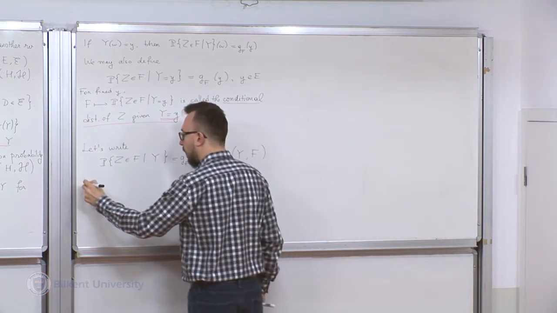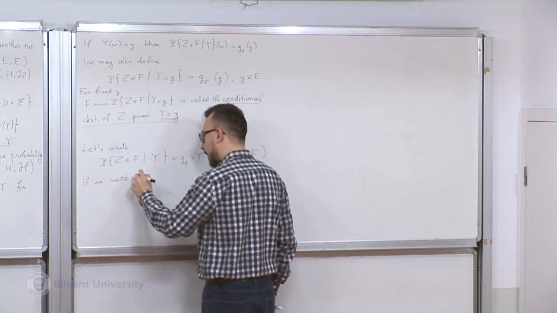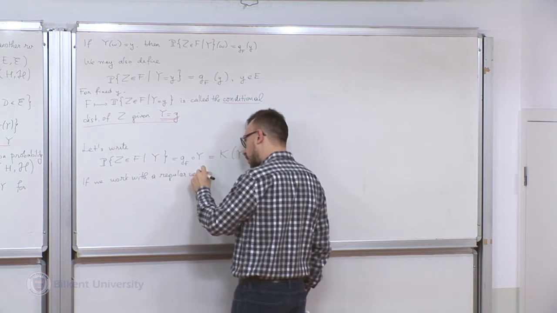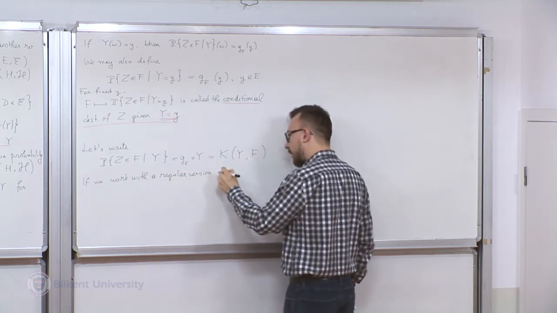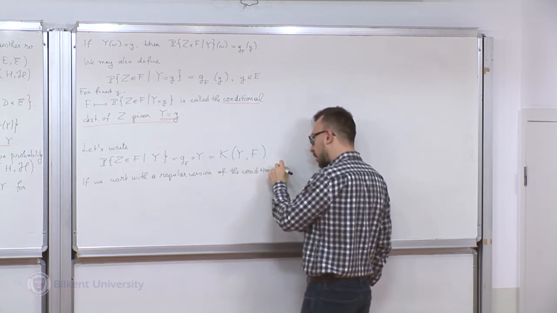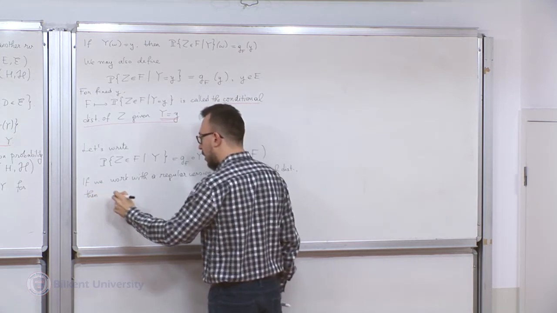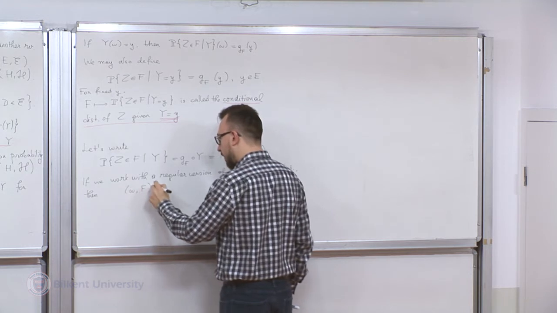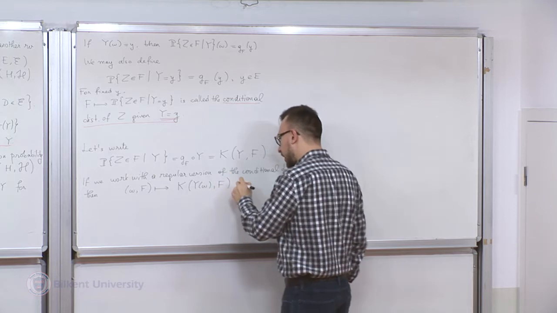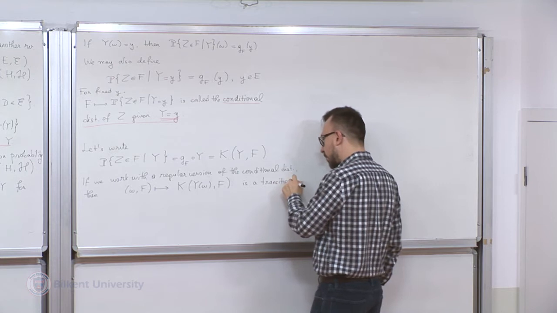So if we work with a regular version of the conditional distribution, then this omega, f maps to K_Y of omega of f is a transition probability kernel.